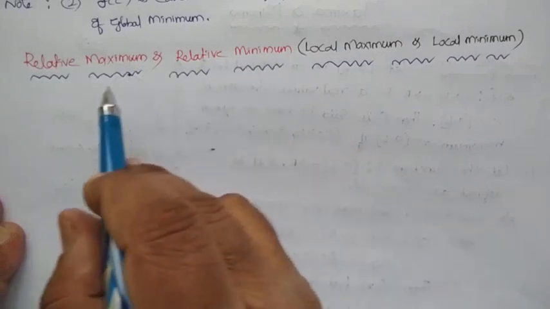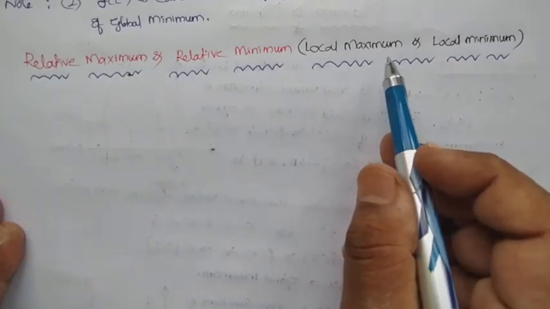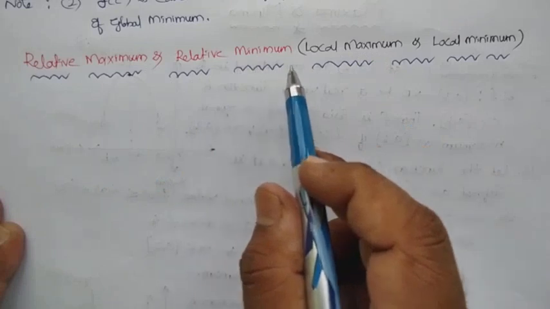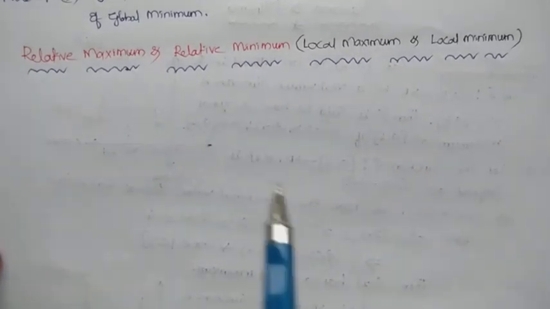Relative maximum is also called a local maximum, and relative minimum is also called a local minimum. Now let us observe the definition.